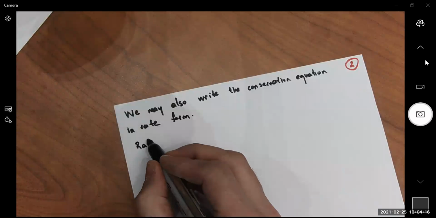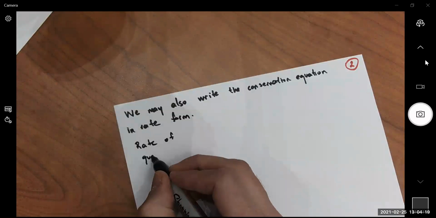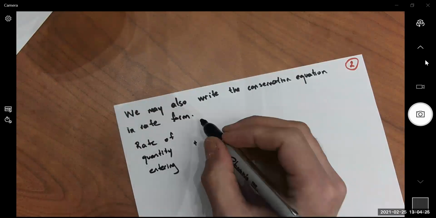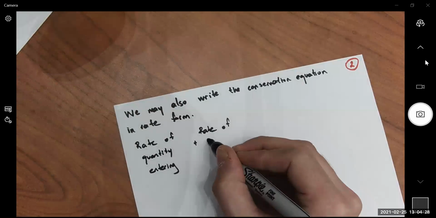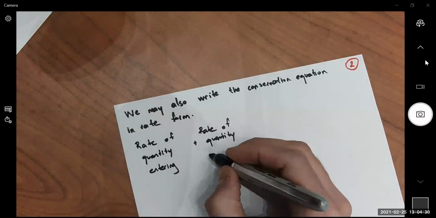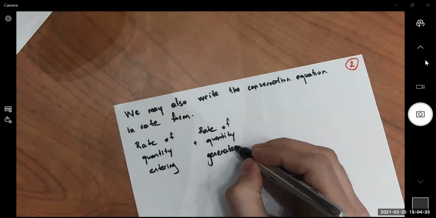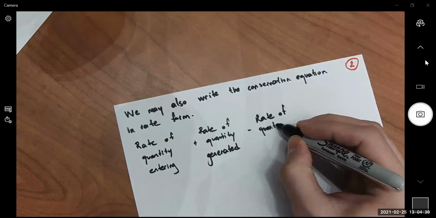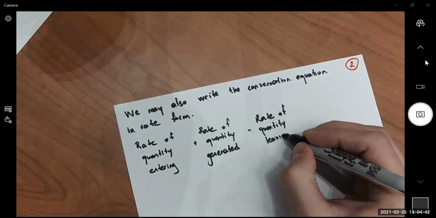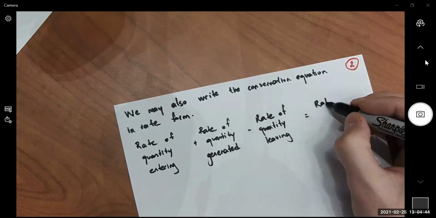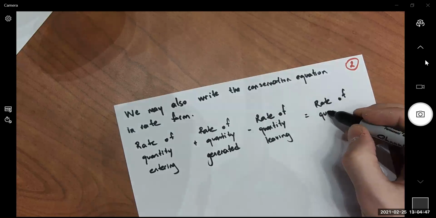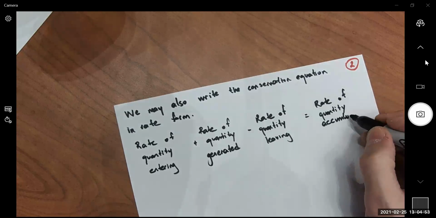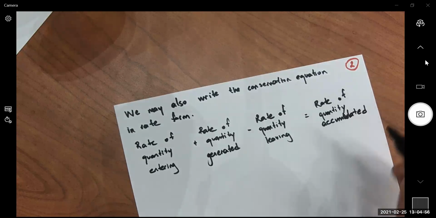Rate of quantity entering, plus rate of quantity generated, minus rate of quantity leaving, equals rate of quantity accumulated. Okay.